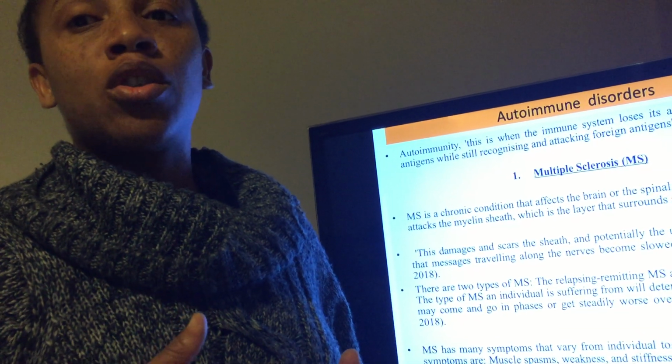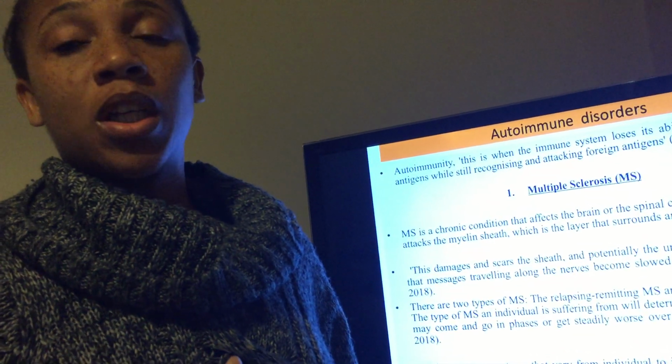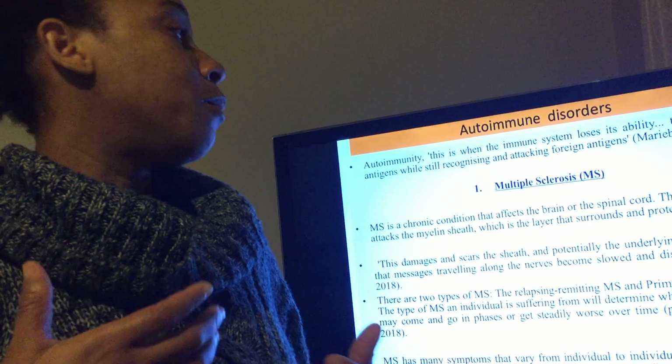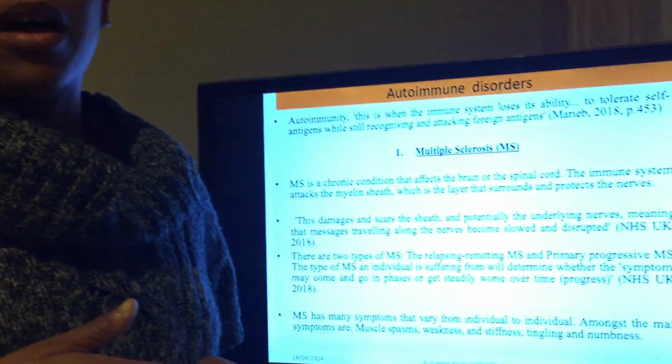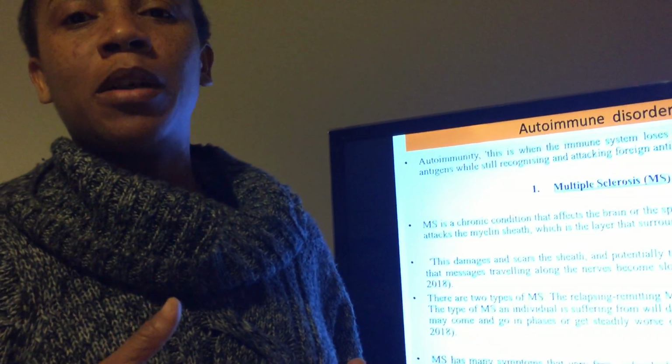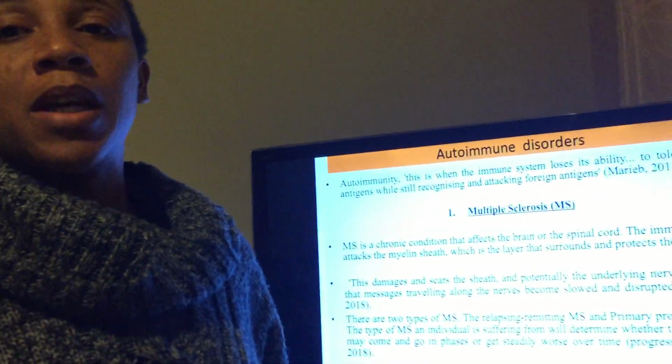This then disrupts and slows neural communication. Multiple sclerosis has many symptoms that vary from one person to another. Among the main symptoms, we have muscle weakness, spasms, stiffness, tingling, and numbness.